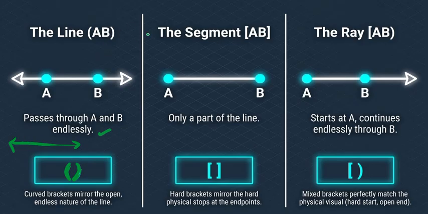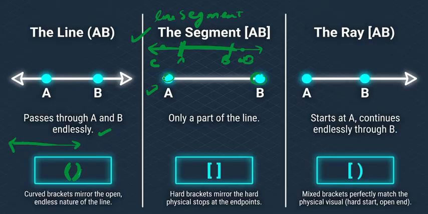So another is the segment, or we can say line segment. Segment means part of the line. It is a part of the line. If we have a line CD, and we take a part of this line, let's say AB, we are cutting this part and keeping it here, so it becomes a line segment.